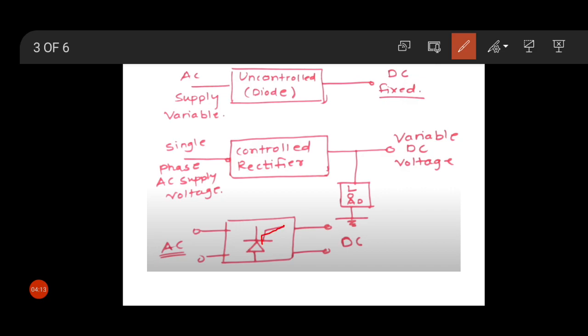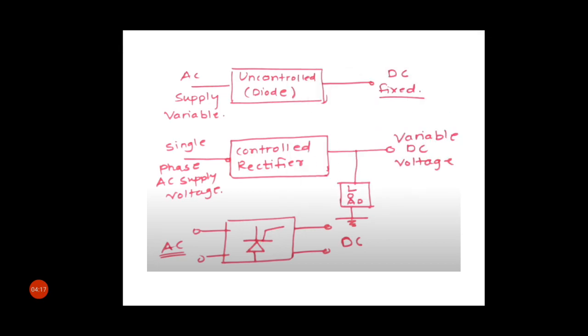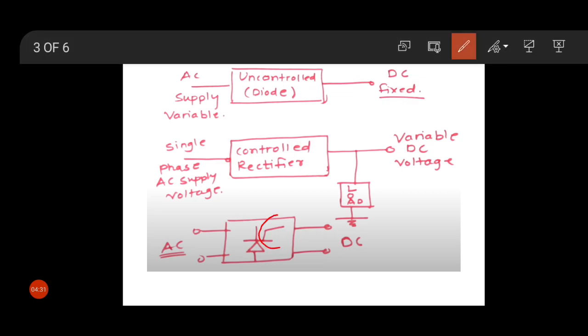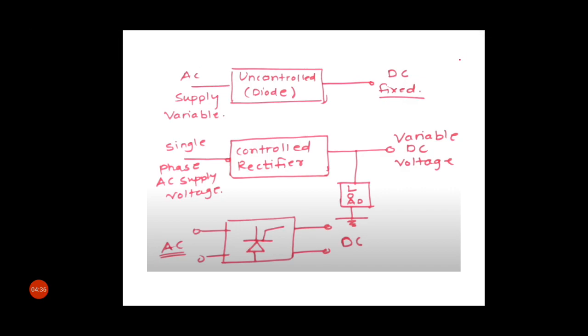This is called gate triggering. Generally we use gate triggering to trigger SCR. So this is our gate terminal. If we provide gate current, you can control the operation of SCR.